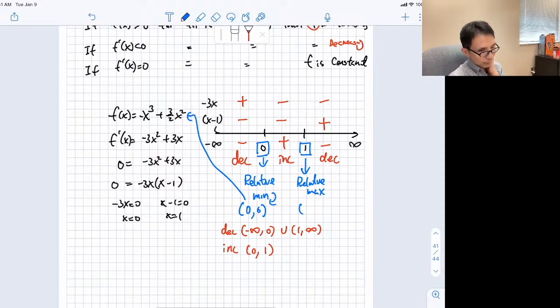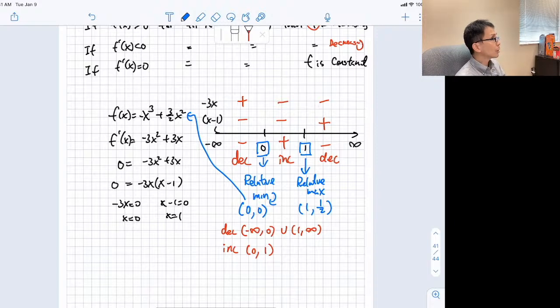You just plug 1 into the original function, so you get 1 minus 1/2... so it'll be 1/2, right? There you go. Really easy, they're not very hard. So 0, 0 is the relative minimum.